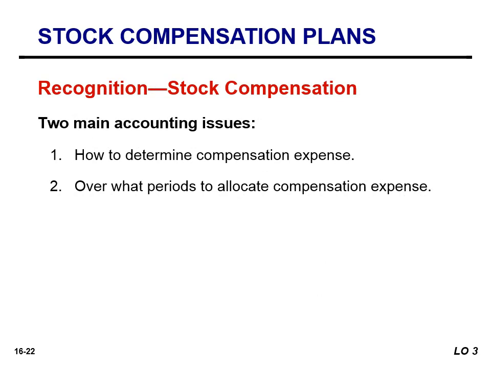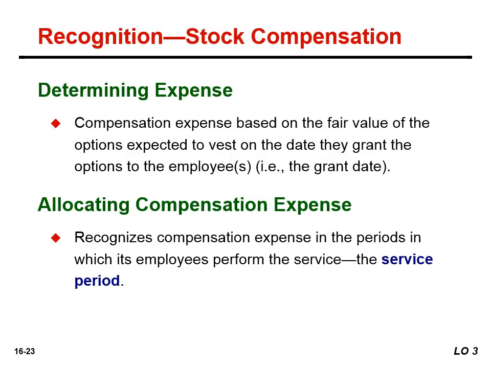Okay, so accounting for stock compensation. Your first job is to determine the compensation expense and over how many periods to allocate that expense. To determine the compensation expense under the fair value method, companies crunch out the total compensation expense based on the fair value of options expected to vest on the date they grant the options to the employees, therefore called the grant date.